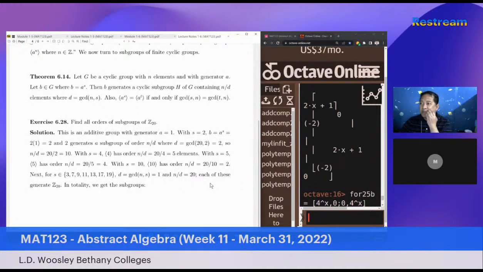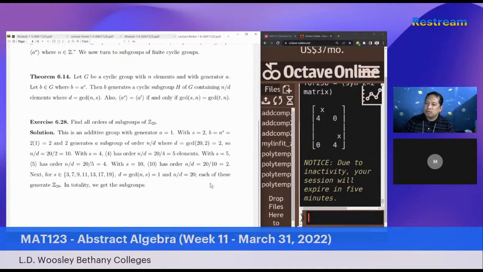Okay, an example here. Find the orders of the subgroups of Z20, meaning integers modulo 20. So this is an additive group, with a generator a equal to 1, with s equal to 2, all right?